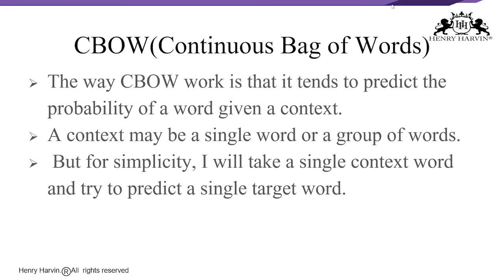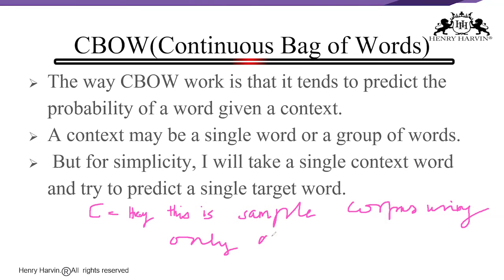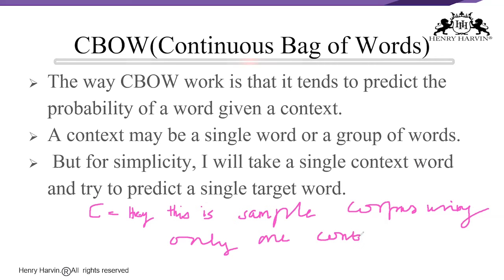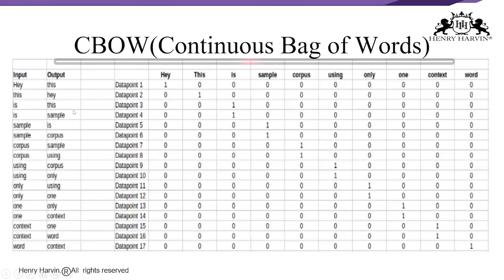Suppose we have a corpus C, which is equal to "hey, this is sample corpus", using only one context word. The same thing I have written over here. You can see the input over here, and here it is showing us the one hot encoded vectors.